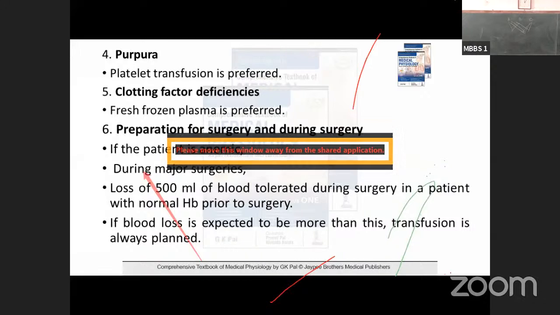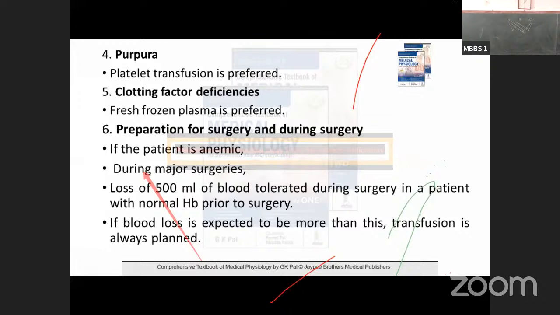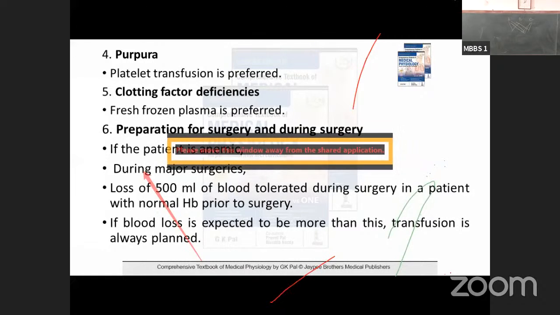Preparation for surgery or during surgery. If the patient is anemic or has severe hemorrhage from an accident, hemoglobin will be reduced. So prior to the surgery, we give the blood transfusion to the patient and then we take him for the operation. Loss of blood is tolerated during surgery in a patient with normal hemoglobin.